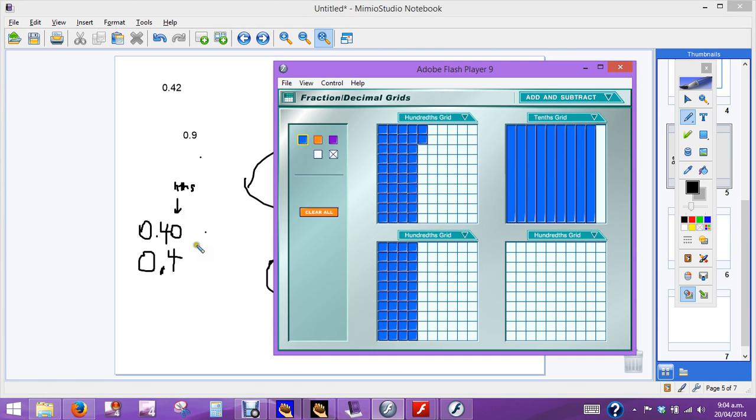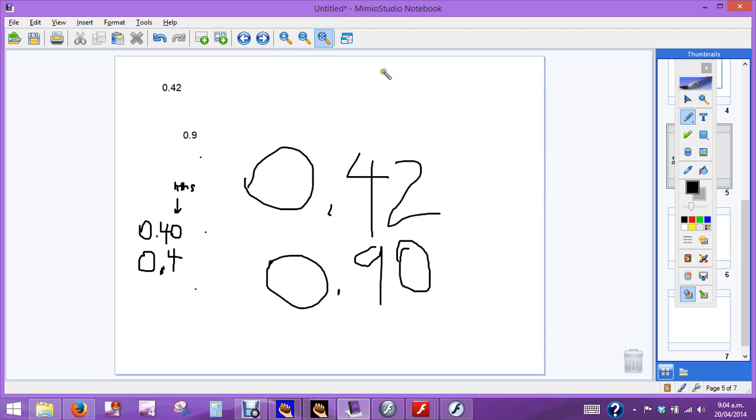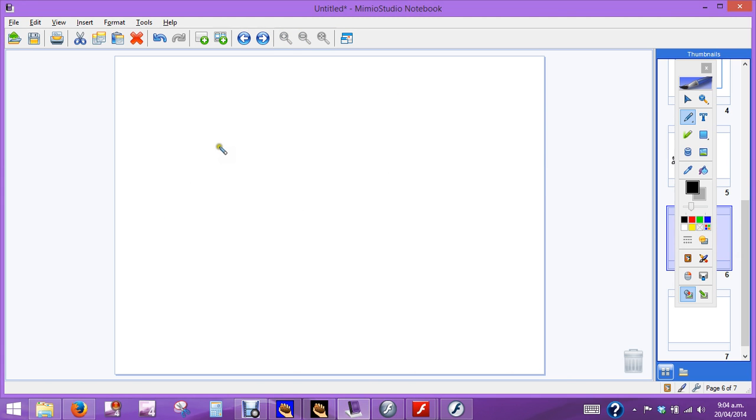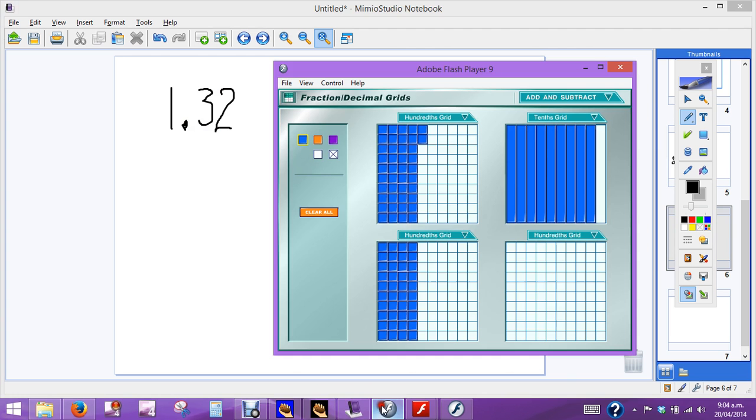now if we look at another number, let's look at the number 1.32. Let's look at it on a new sheet. 1.32. What does that number look like?